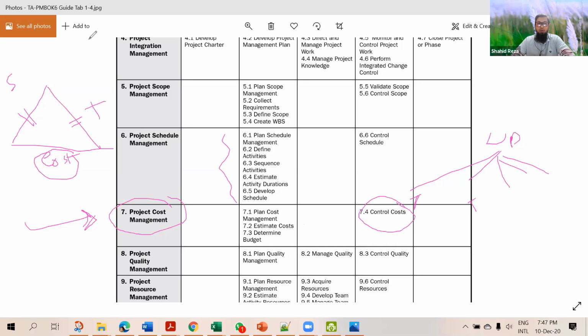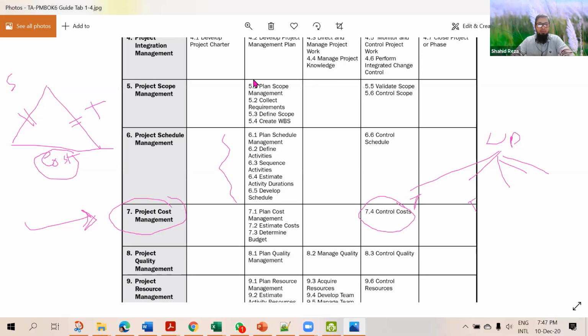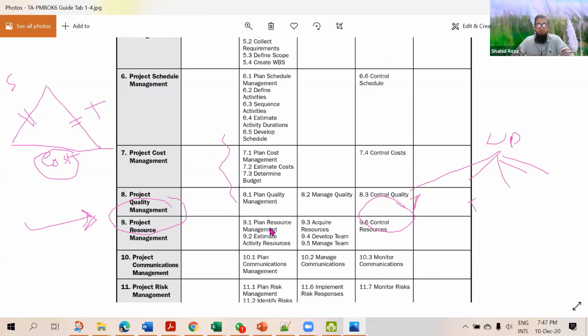And also we talked slightly about this. If I come down here, in the resource chapter, Estimate Activity Resources, that means for each activity, how much resource we need, that we also need to identify.